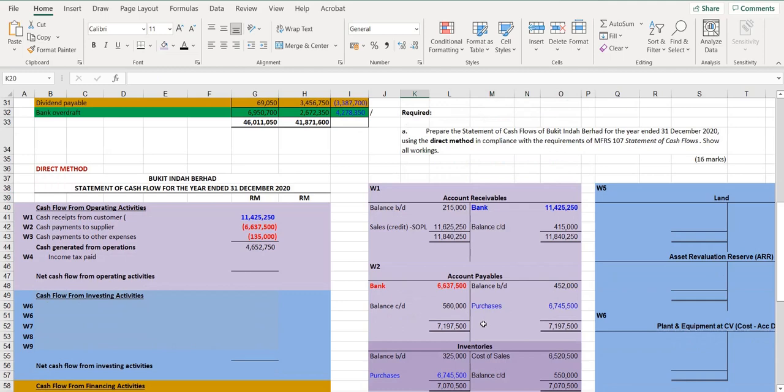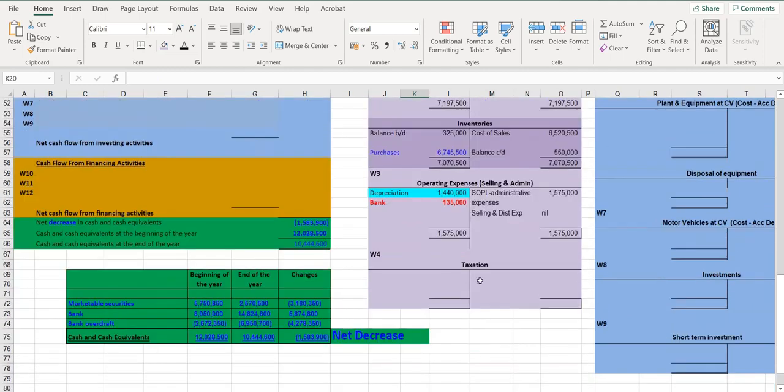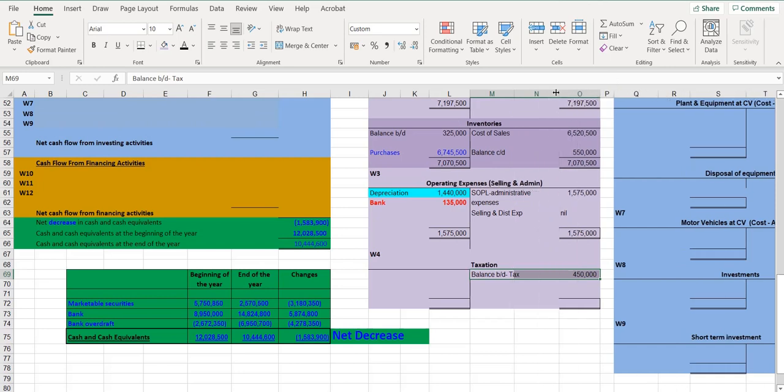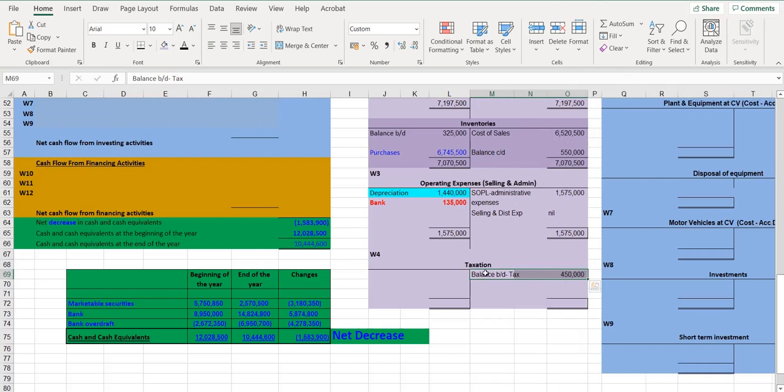To do that, you can reconstruct the taxation account again. I put the tax payable balance brought down here, and I put the one at the end of the year as the balance carried down for tax payable, 290,000.